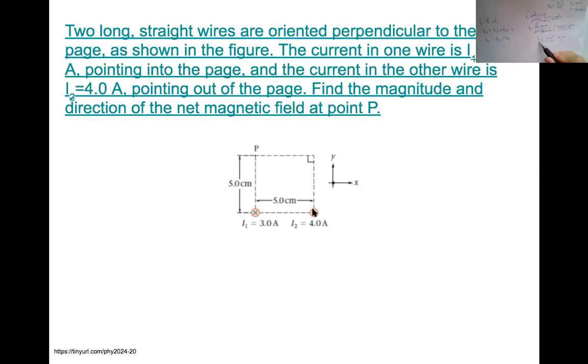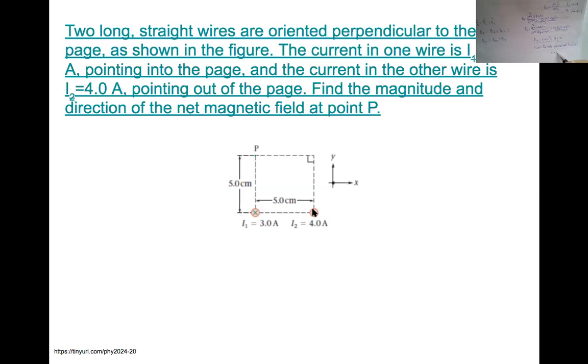So B1 only has an x component, its y component is going to be 0. B2x then is going to be equal to B2 cosine theta 2. So it will be 0.8 square root 2 times 10 to the negative 5, all multiplied by the cosine of negative 135 degrees. So we can calculate that.